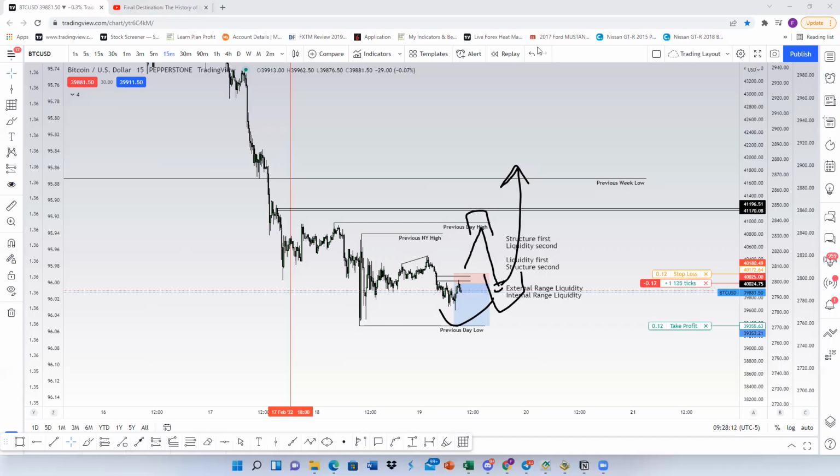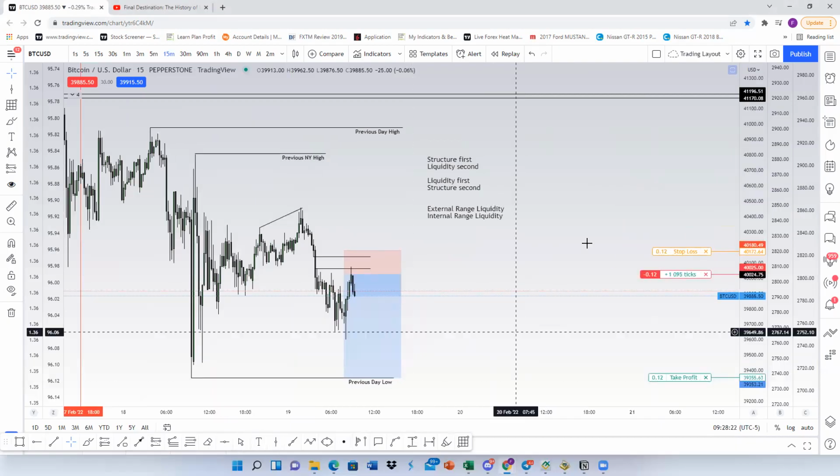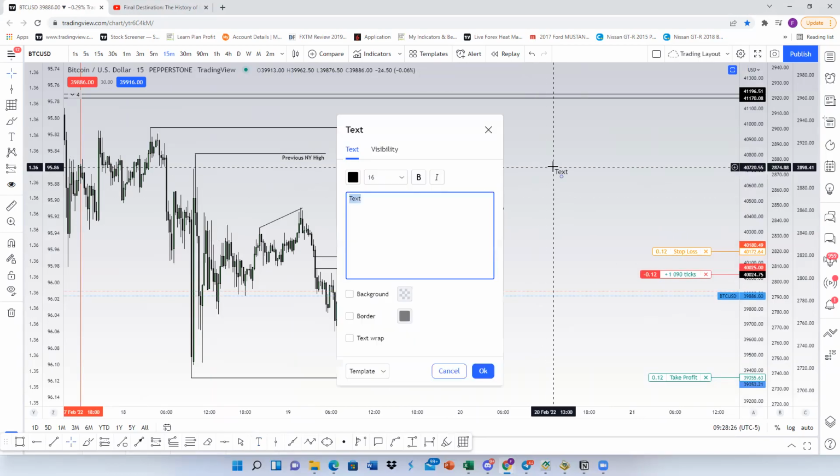Okay, so now the important part. Your external range liquidity pools, right? It's like this. That's my text box. Here: external range liquidity. What's the order of things?